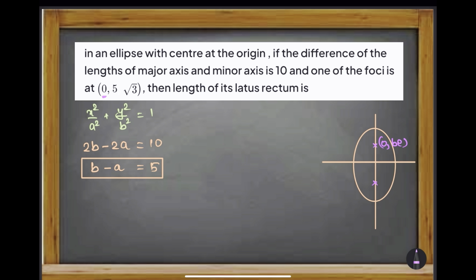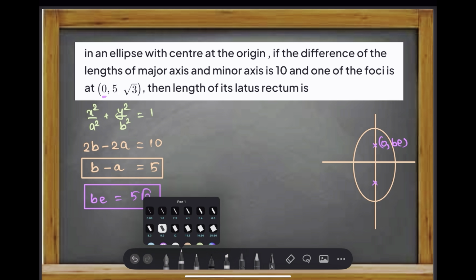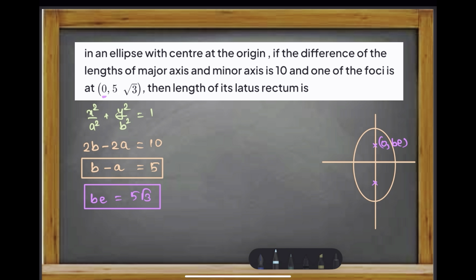So can I say that the value of b is equal to 5 root 3? We got another equation. So we have altogether three variables a, b and e, and we need to solve this. You know that three variables, two equations we cannot solve, so we have to take help of another equation.